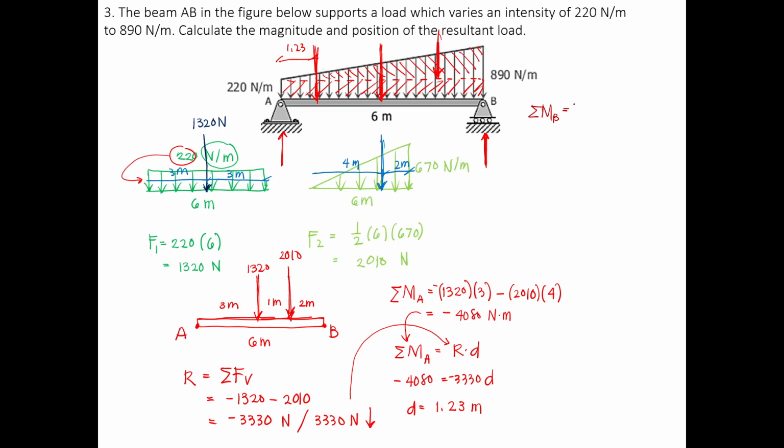Starting with the first force, that will be 2010 times 2, only because this is the distance from point B, and it's a counterclockwise rotation, plus 1320 times 3. So summation of moments about point B.